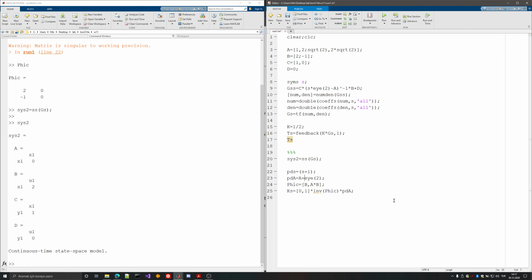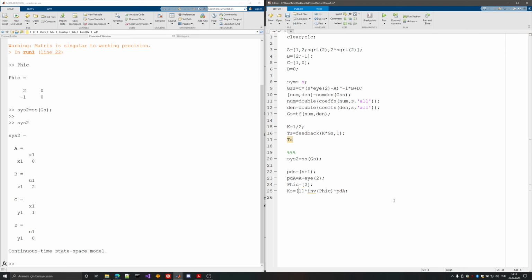This will in fact be my PDA, because plugging s equals A gives me A plus 1, but 1 should be identity because A is a matrix, in order to be able to take the sum. And then my phi c, which is also degree dependent, will be b now, and b was 2, so I will have 2. So obviously if this is not 0, I will be able to take the inverse.